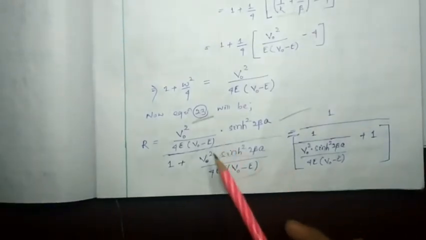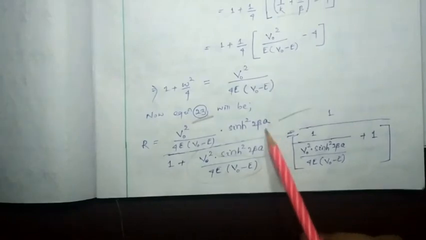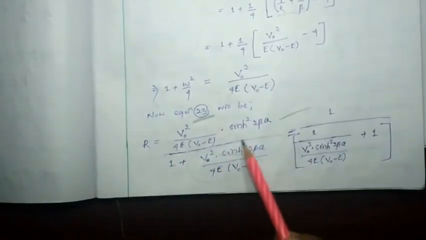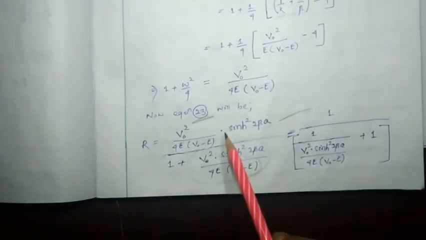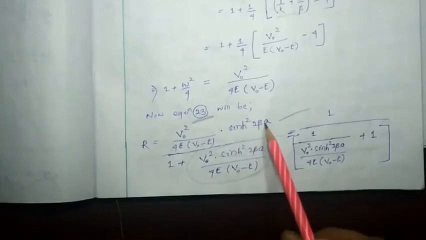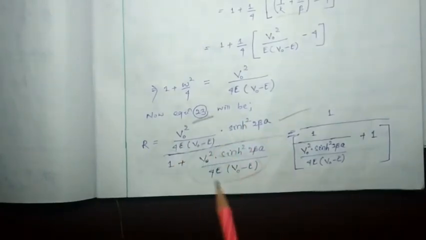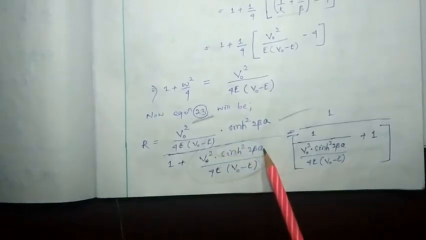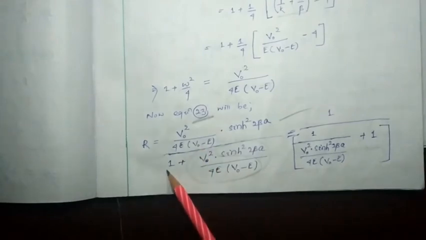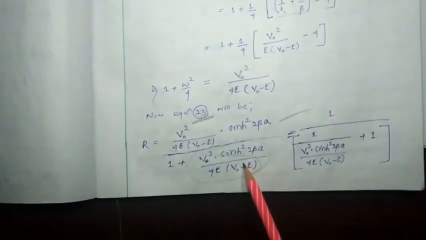See, this numerator part is equal to this part, v0 square into sinh square 2 beta a whole divided by 4e into (v0 minus e), right? And this is also the same. Now what I am going to do is divide this with 1 and divide with this one. What are we going to get?